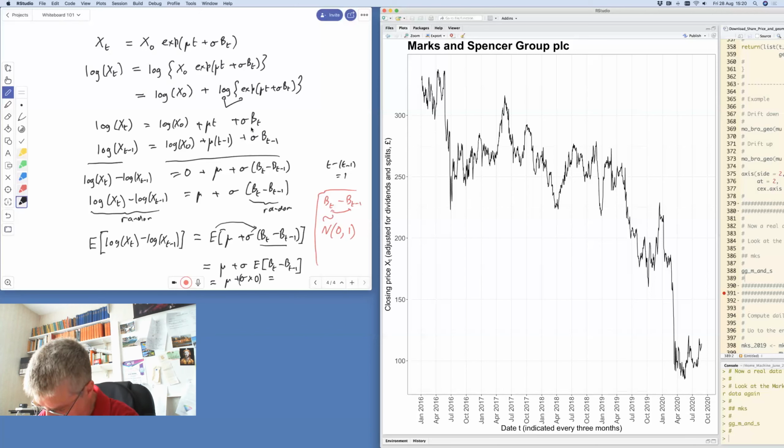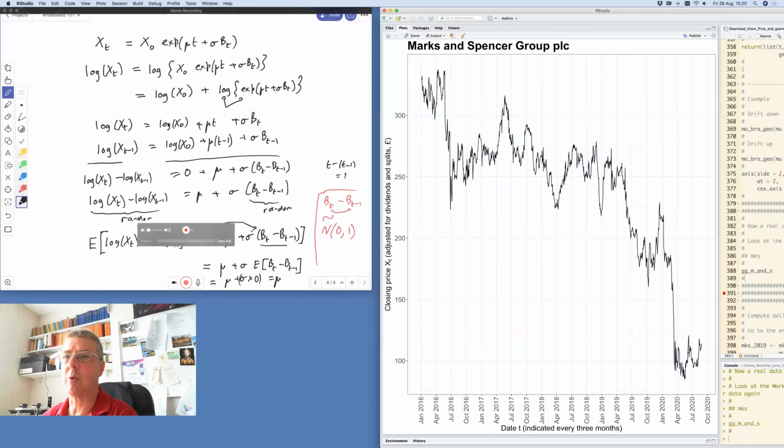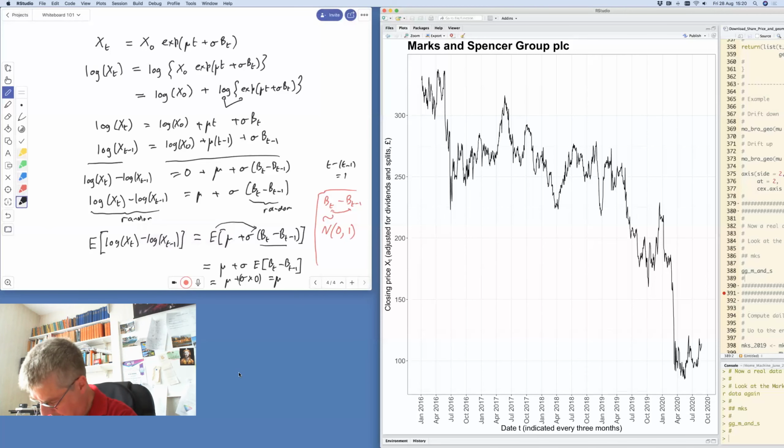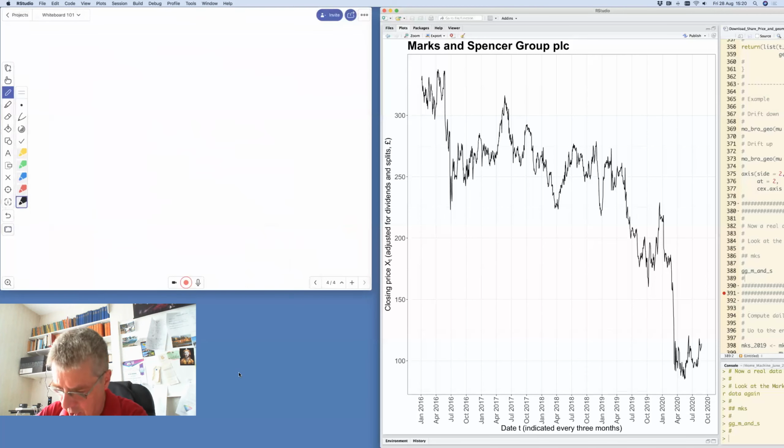So I just get mu. So the expected value of this quantity here is just mu. So let's move on to the next slide. So we have our expression for log xt minus log xt minus 1, and that expression is mu plus sigma times (bt minus bt minus 1), exactly as we saw before.